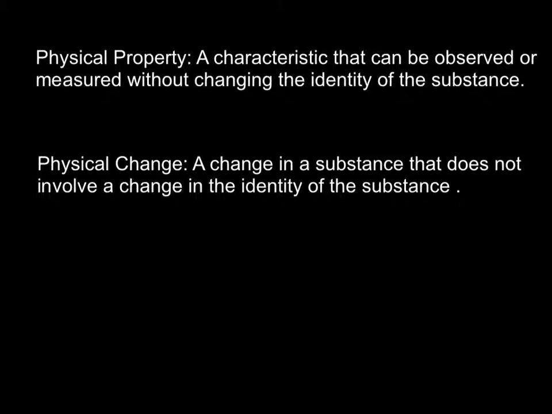Now, a physical property, as we said, is a property that can be observed or measured without changing the identity. And a physical change is a change in the substance that doesn't involve a change in the identity of a substance. For example, if you take dough and bake it in the oven, you cannot unbake the bread. It goes from dough into bread.